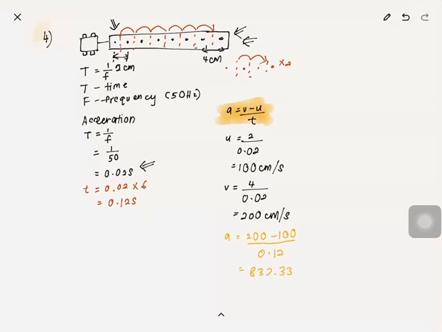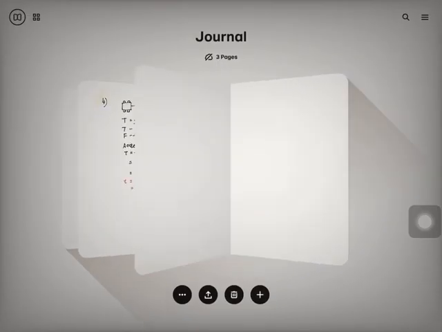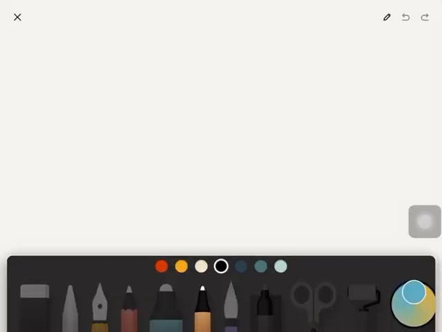So your acceleration will be 833.33 cm s^-2, or usually we'll convert this to meters. So move the decimal point two places backwards, and you will be left with 8.33 m s^-2. So that will be your answer for ticker tape acceleration.